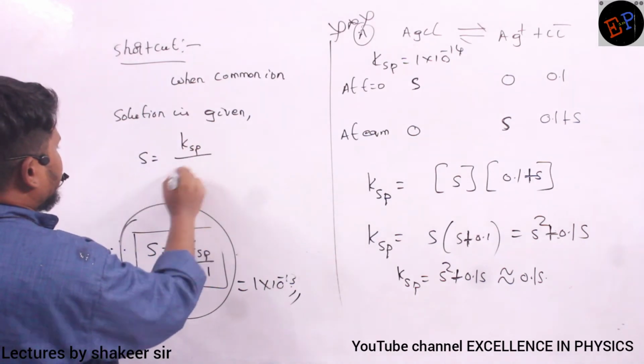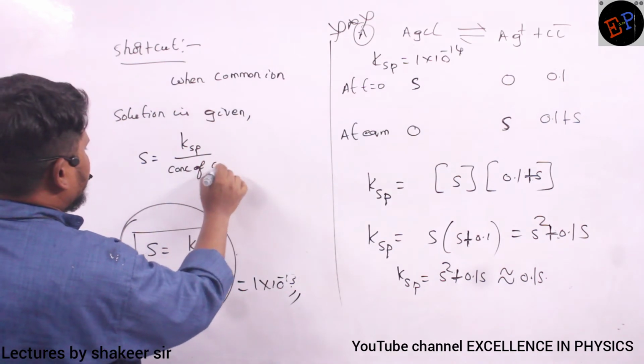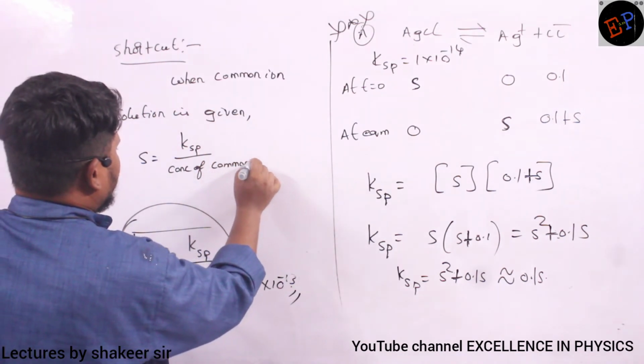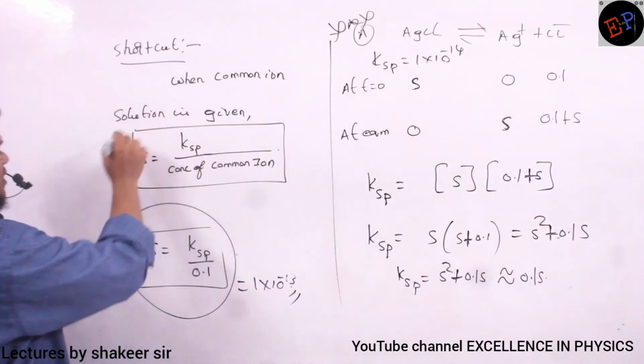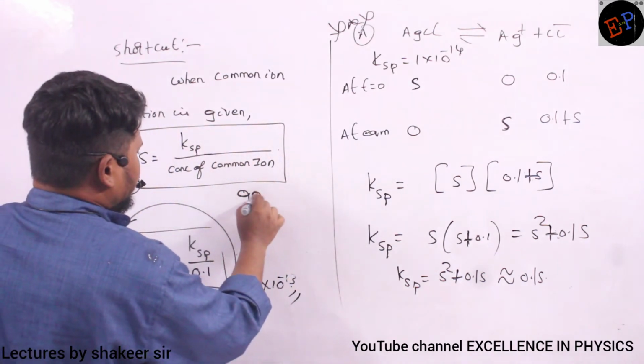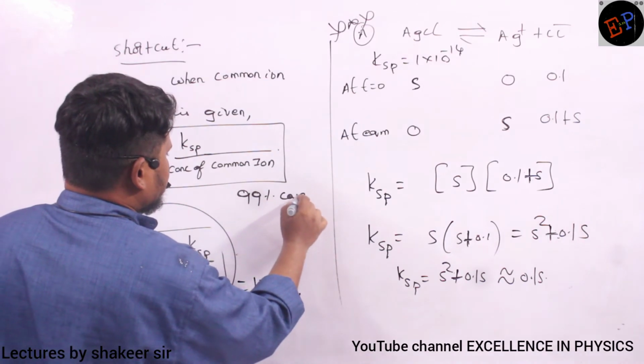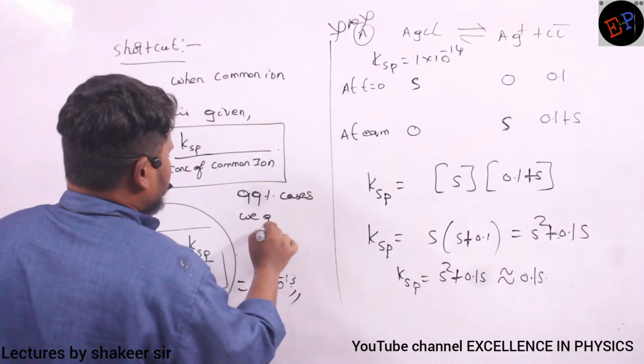Ksp divided by the concentration of the common ion. If you use this equation, in 99% of cases we get the correct answer.